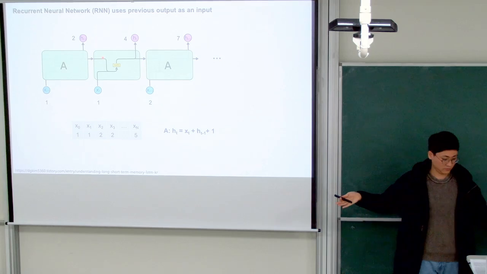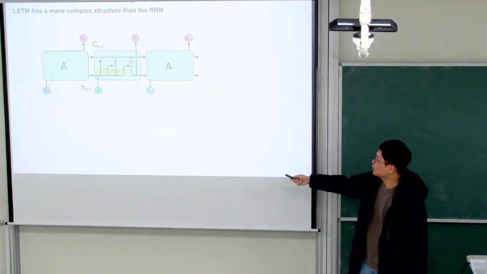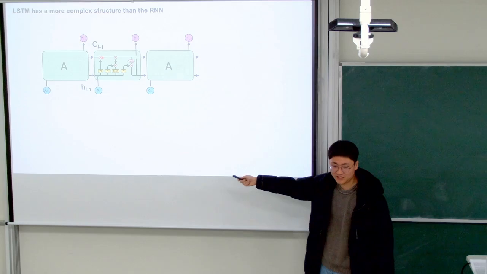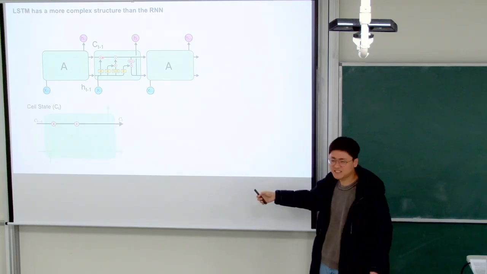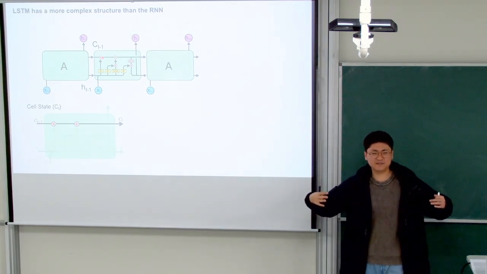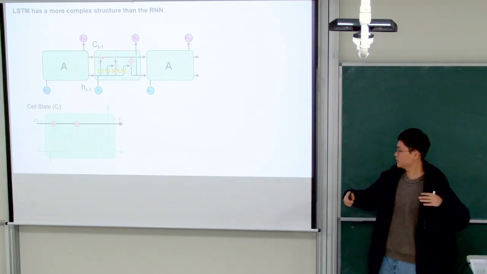That's all. But LSTM is a little bit more complicated. It uses not only the previous output H_t, but also C_t, which we call the cell state. It's kind of the main memory of this neural network.